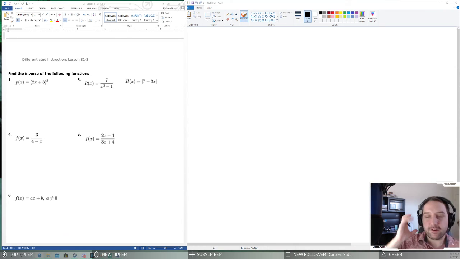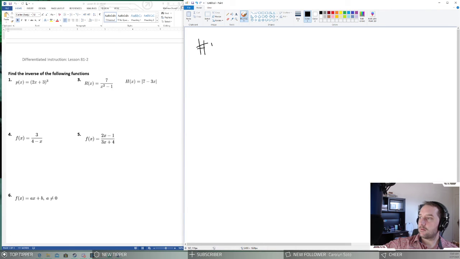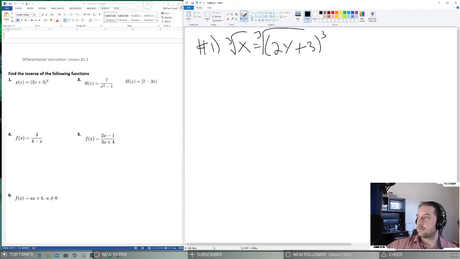Well, I'll go over a few of these as I wait. So it says find the inverse of the functions. So on number 1, we have to switch the x and y. And so I'll just do that as the first step. Now I need to get y by itself, so I can cube root both sides. Minus 3.